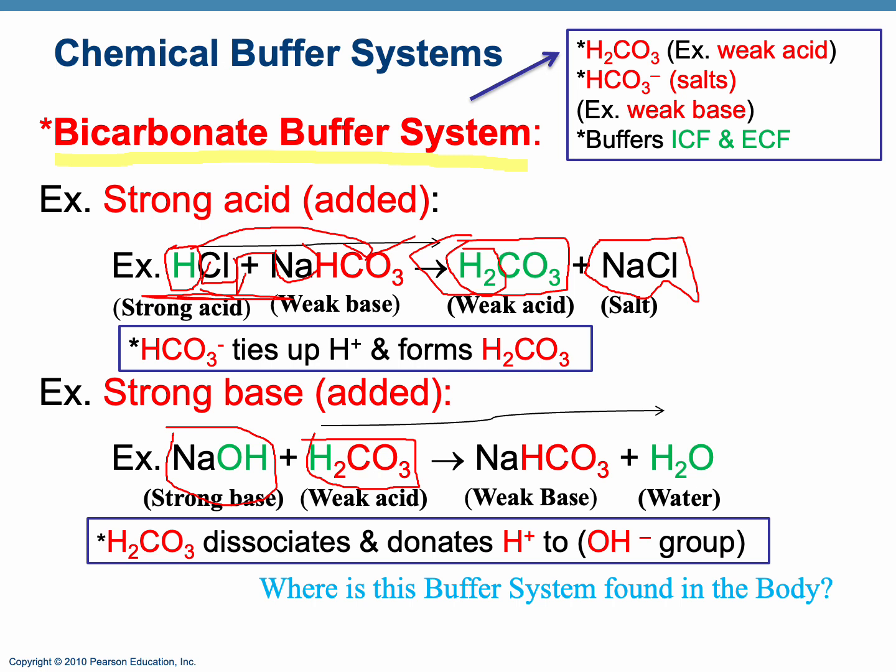So you'll have at least one that will break off here. So you'll have one that will come off and will actually then form water. So you have water as one of the products here. And then what you're left with then, your weak base. So sodium bicarbonate.